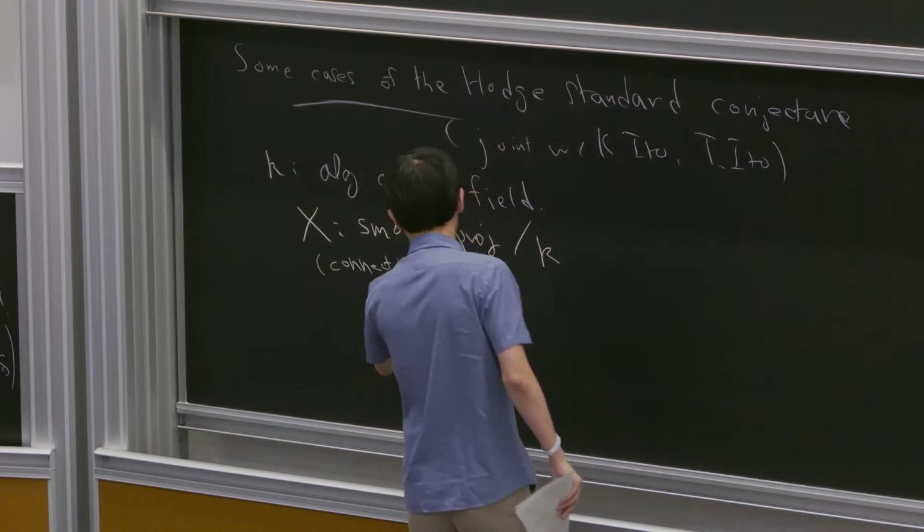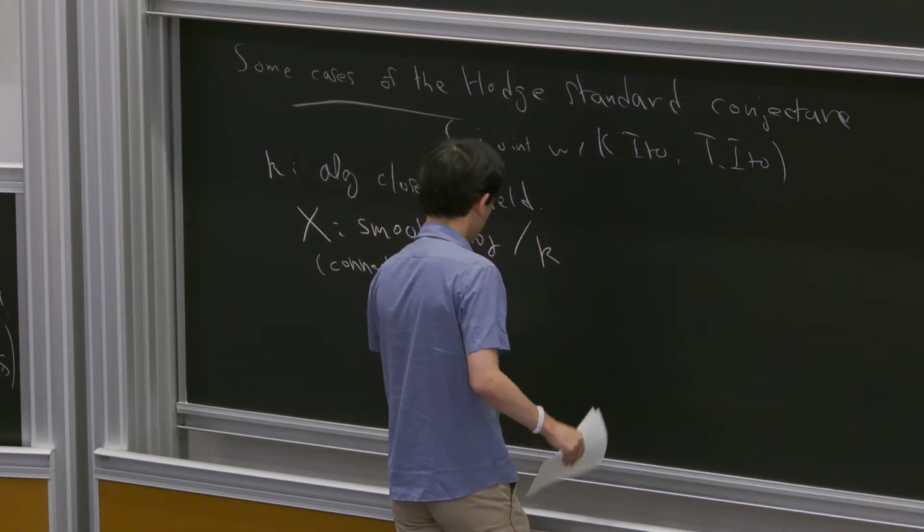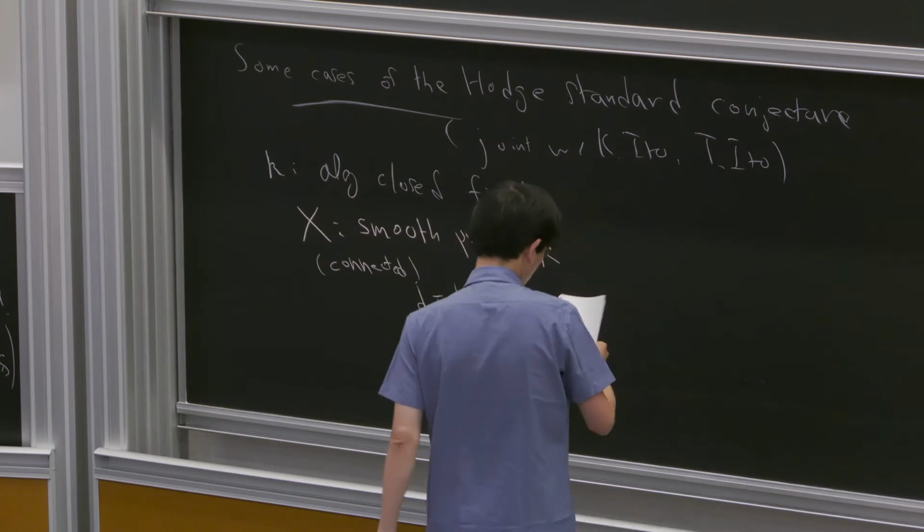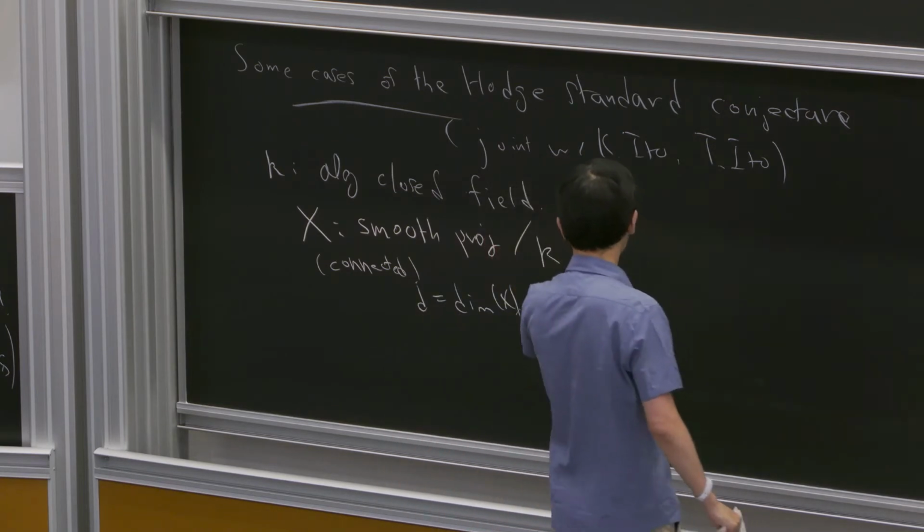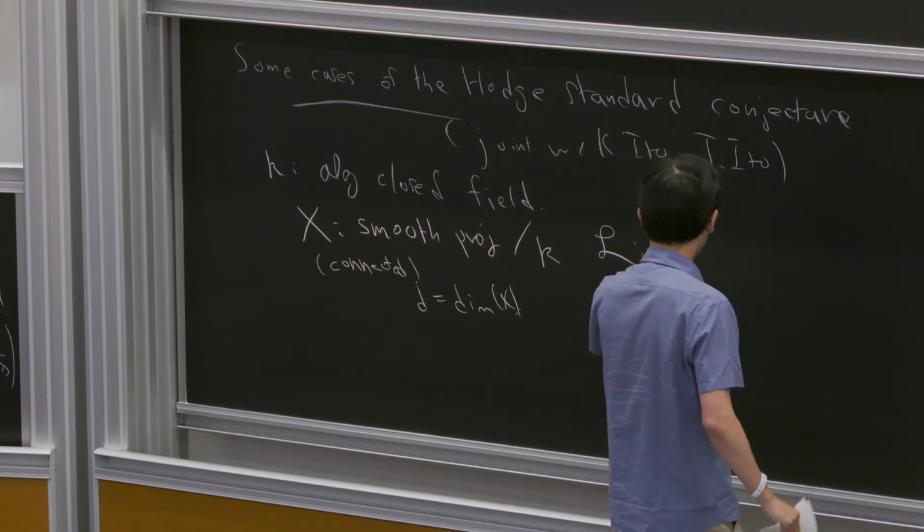And d denotes the dimension. And fix a polarization, so L is an ample line bundle.